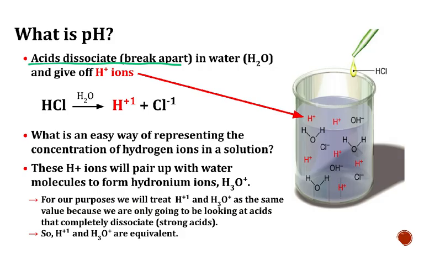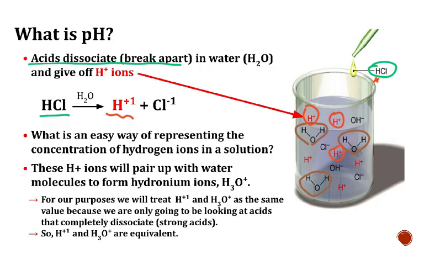So if we look at something like HCl, hydrochloric acid, we can see that hydrochloric acid is going into this beaker of water. These are our water molecules right here. And what happens is that when that HCl gets broken up, we have those hydrogen ions that get broken off from the chlorine ions.